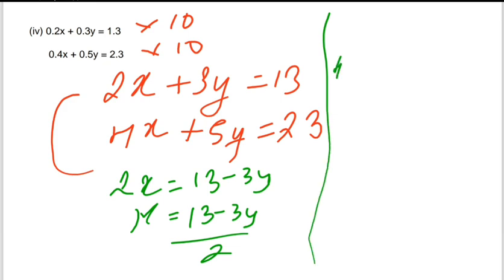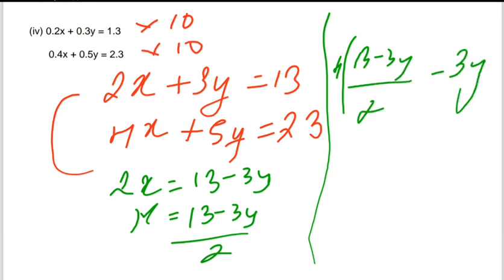So 4 into 13 minus 3y by 2, plus 5y is equal to 23.